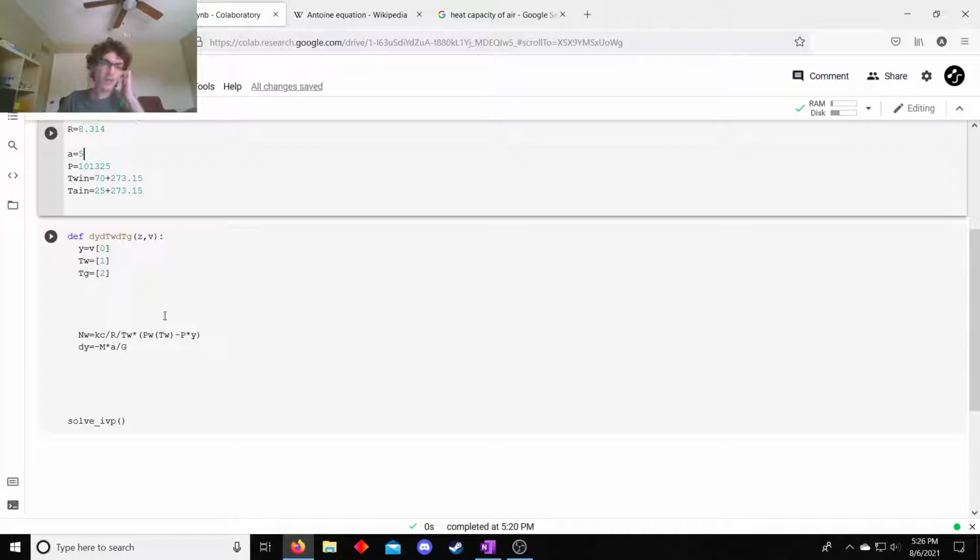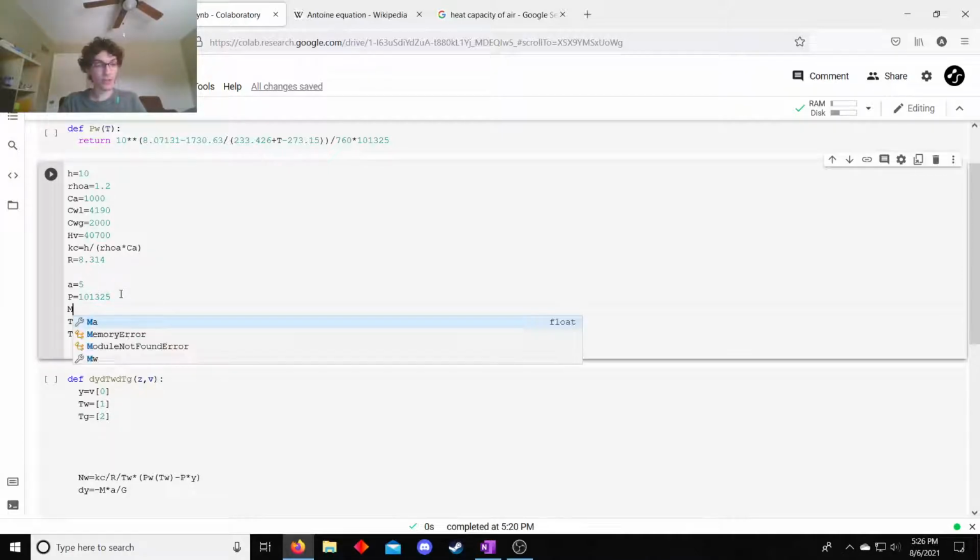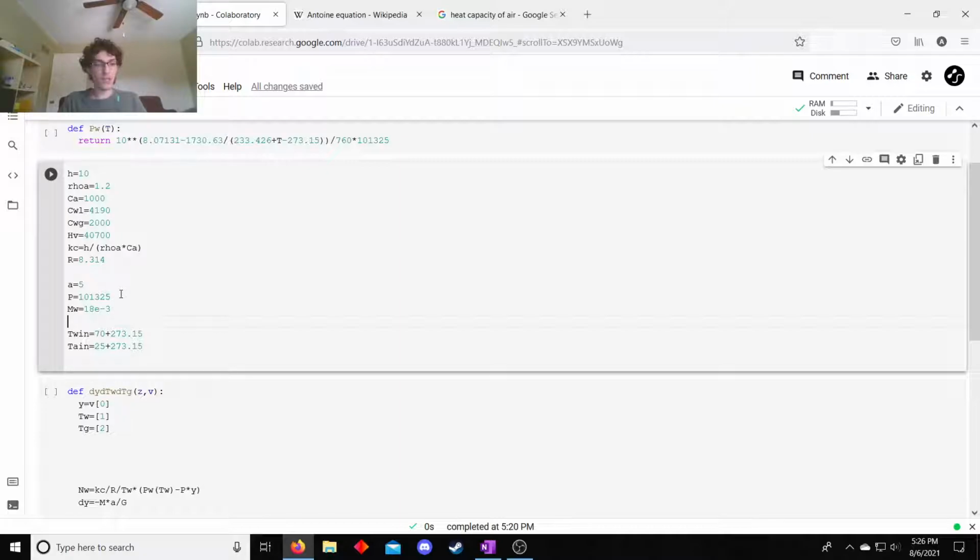Now molecular weight. I'm going to say the molecular weight of water first equals 18. We want that in kilojoules, so we'll go E to the minus 3. The molecular weight of air equals 29.